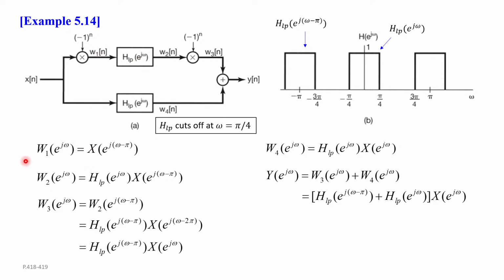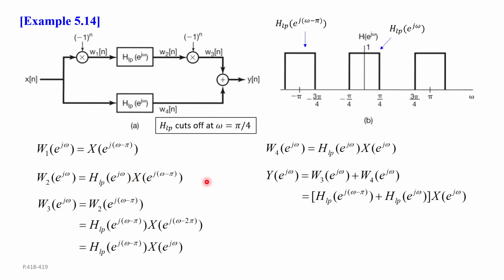And so that's big W1 here. Then you go through the filter, and you multiply your spectrum with the low pass filter. Then you go through this (-1)^n again, and you shift frequency with another minus π.